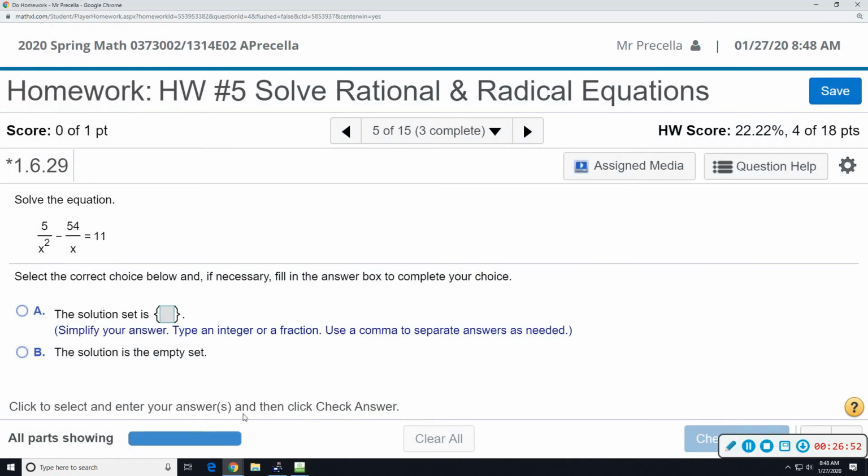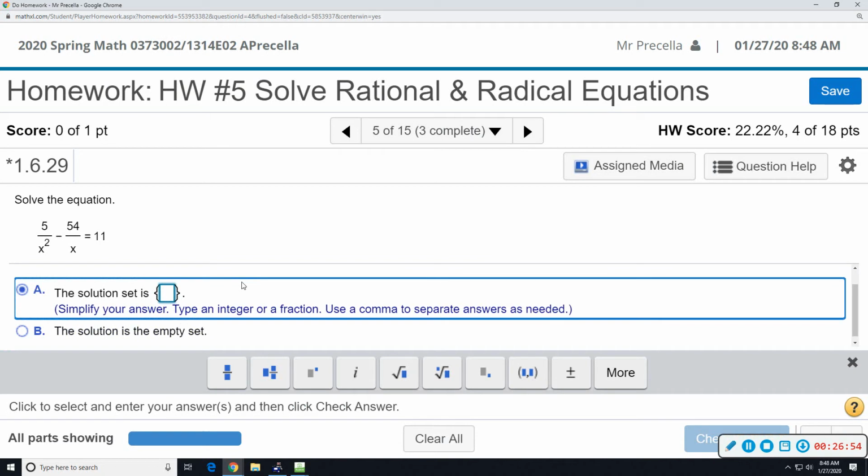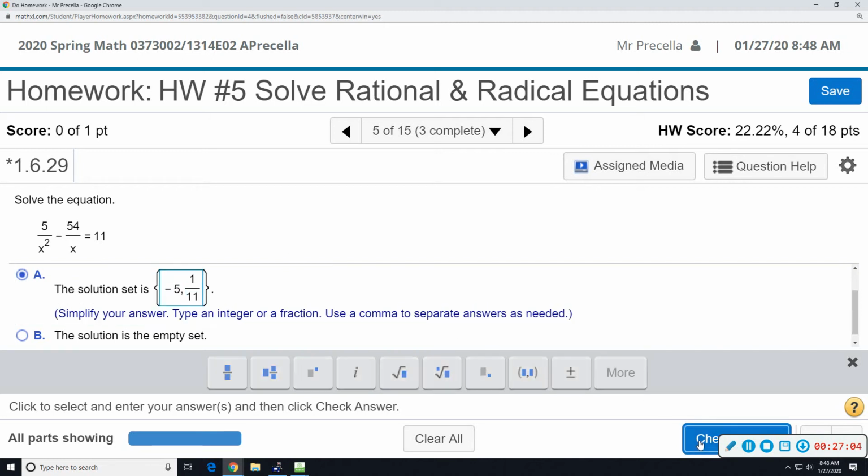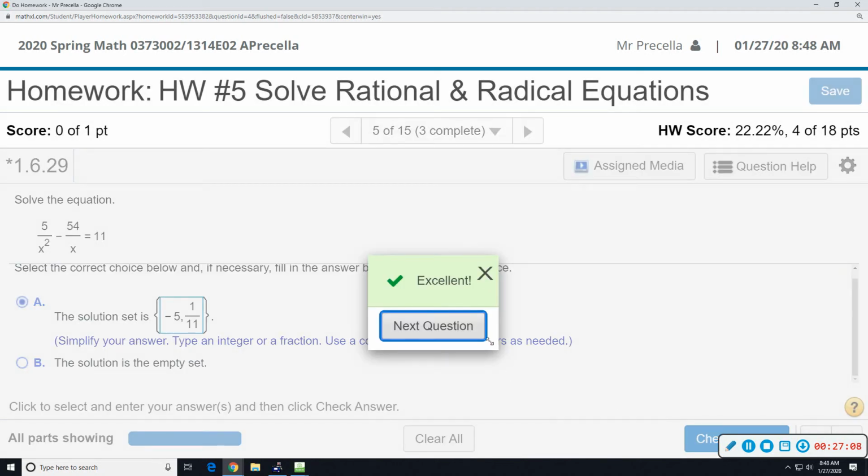You'll see that pop up several times. Let's see, a negative 5, comma, 1 over 11. Any questions there?